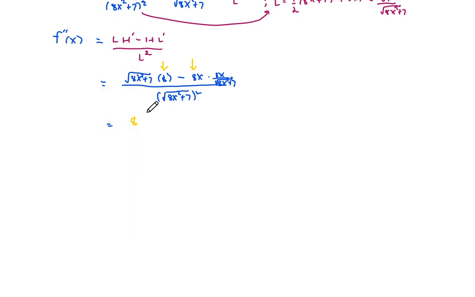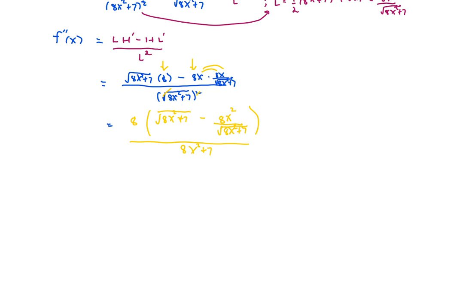We have the square root of 8x squared plus 7, subtracted by, when we multiply this together, 8x squared divided by the square root of 8x squared plus 7, and all divided by, now that square root and power 2 take care of each other, 8x squared plus 7.